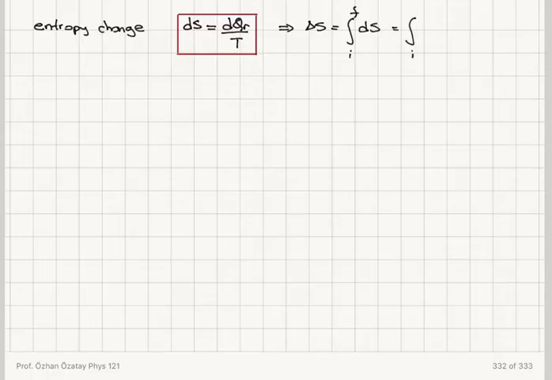It will be the integral from the initial to the final state of dQ reversible divided by T. Okay, so this R stands for reversible. So it is heat added in a reversible isothermal process. That's dQ reversible over T, so that T is constant.